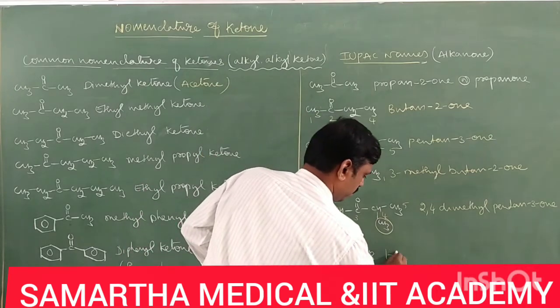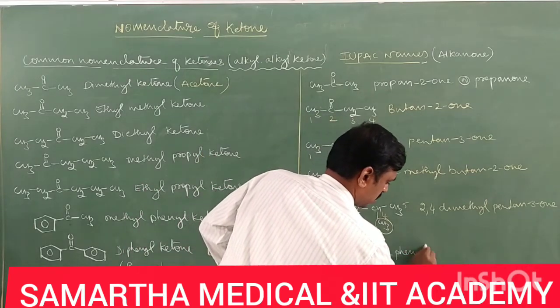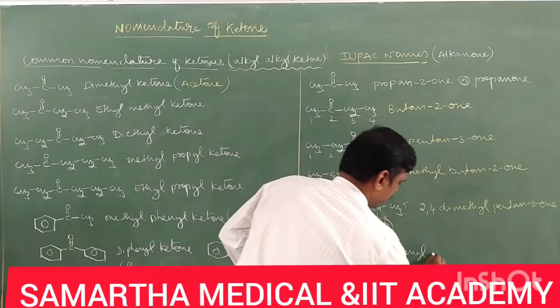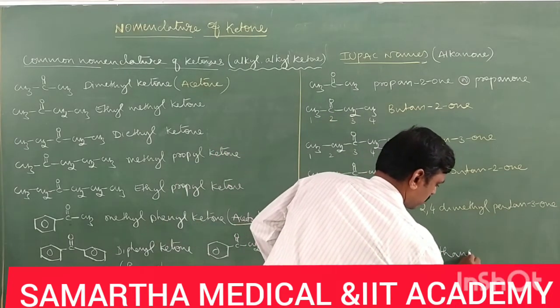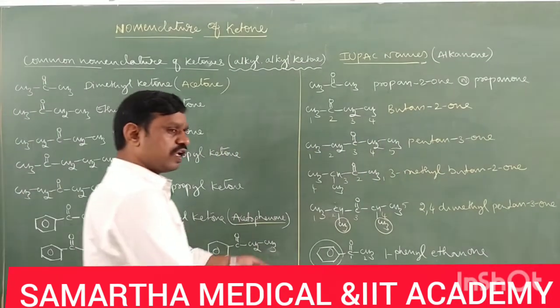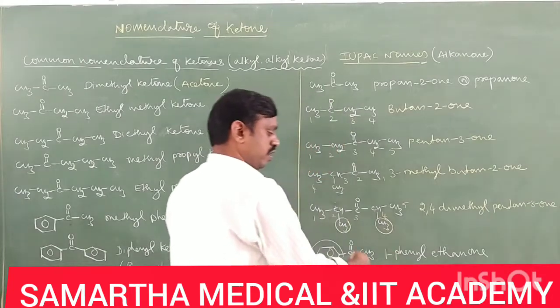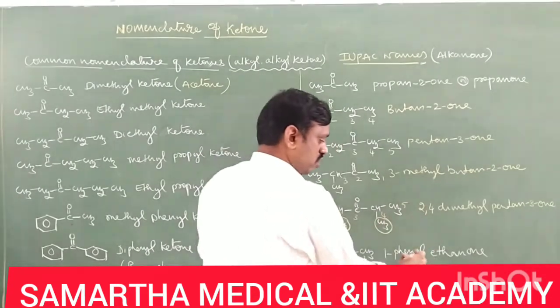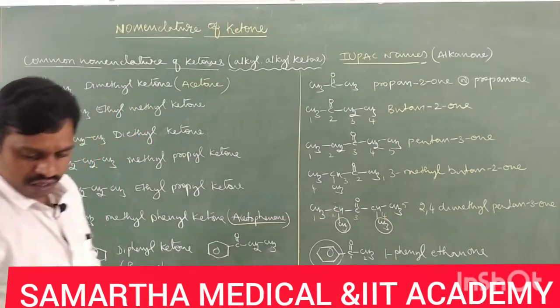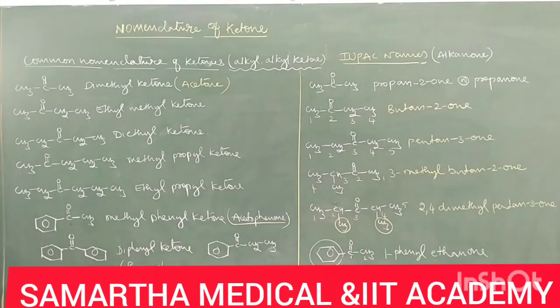Therefore 1-phenyl ethanone, of course ethane-1-one. Even the 1 is not required; if you do not write 1, it is understood. Phenyl ethanone is the IUPAC name.